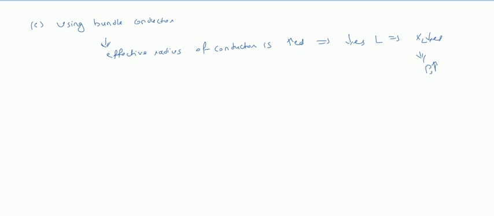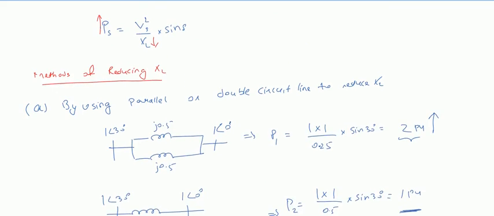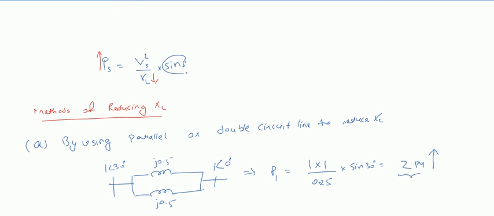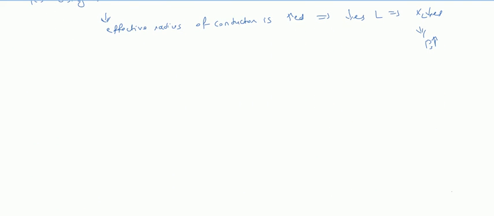Okay, now there was another thing we can use to maximize the power, that was here sine delta, right? So if we increase the value of delta, then also the power transfer capability will increase, right? So here Vs square by XL sine delta. So if delta increases, this power transfer capability will also increase.